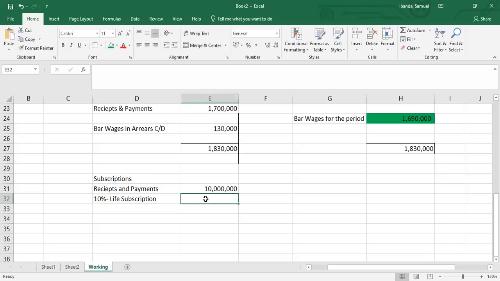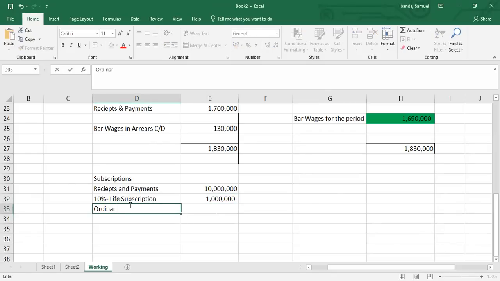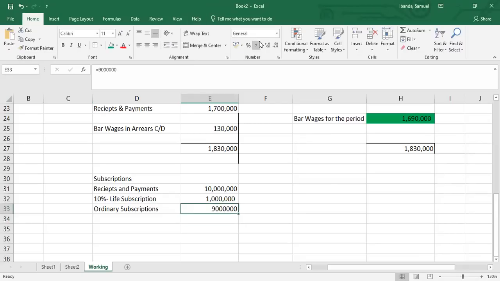And what that would mean, I just get 10% of this and I'll get 1 million, okay? 10% of 10 million is 1 million. So it means that ordinary subscriptions is actually 9 million, the balance, okay?